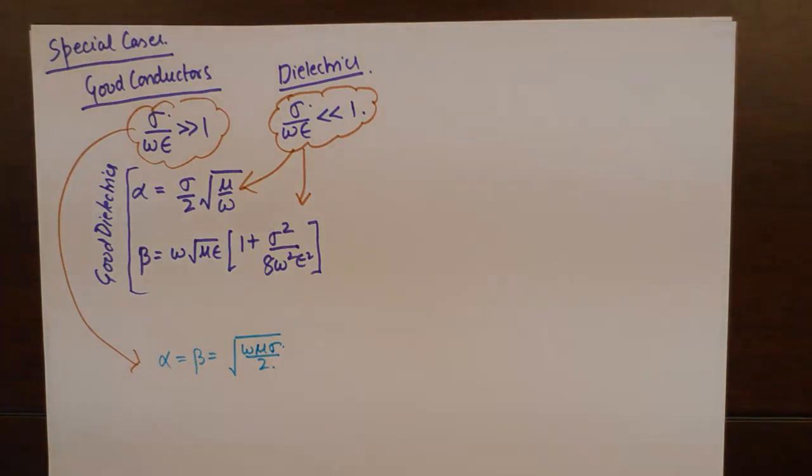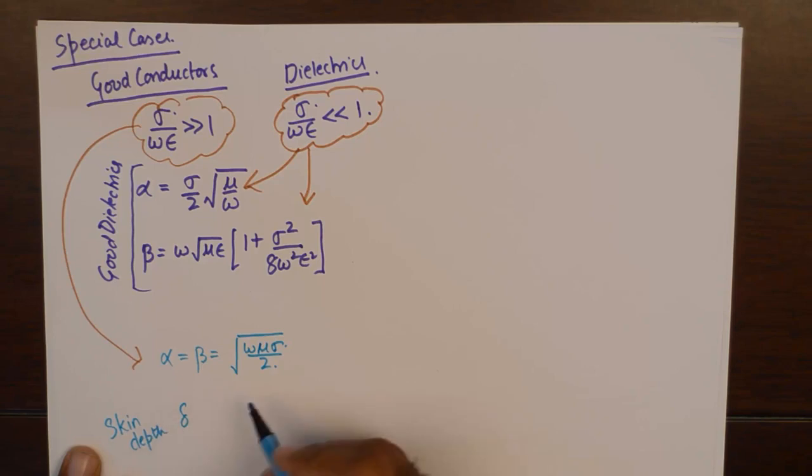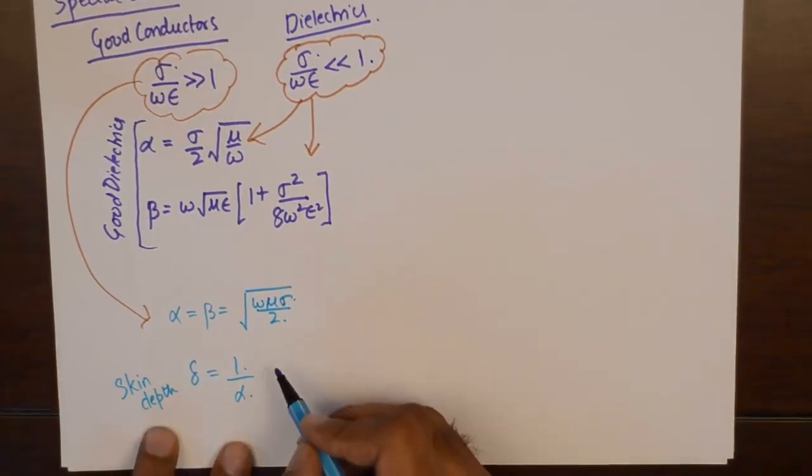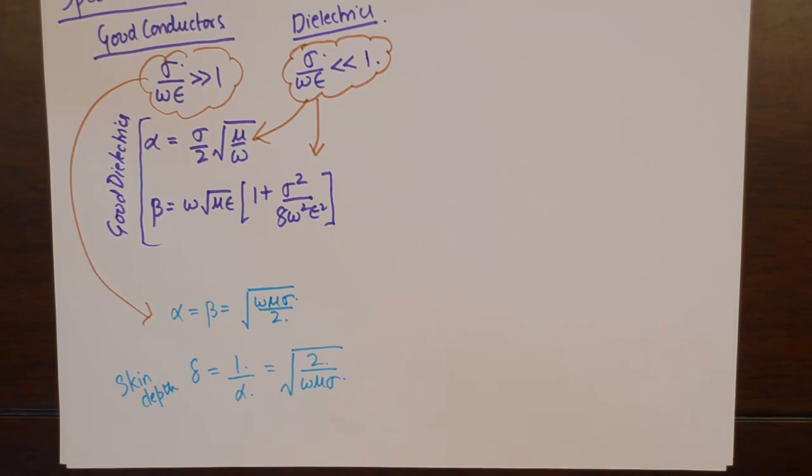And for good conductors, there's going to be one more parameter, skin depth, which is going to be the reciprocal of alpha. Now we can use these approximated formulas for alpha, beta and gamma for solving numericals.